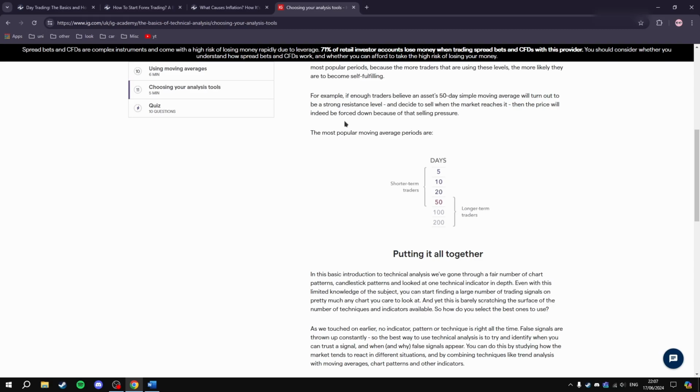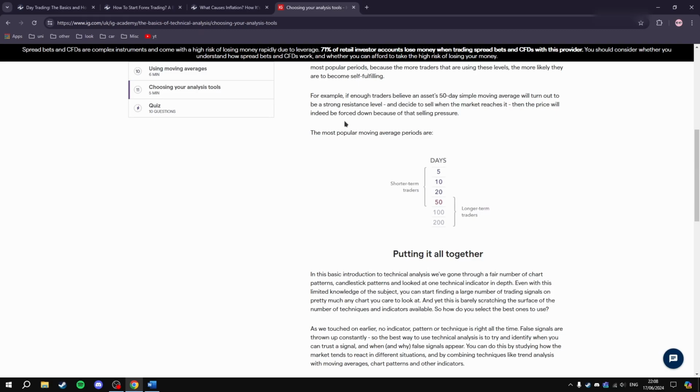So I think when they say self-fulfilling, they mean like the support and resistance level could actually become the support and resistance level because so many people are using it and there's lots of people thinking it is, then it could actually happen.